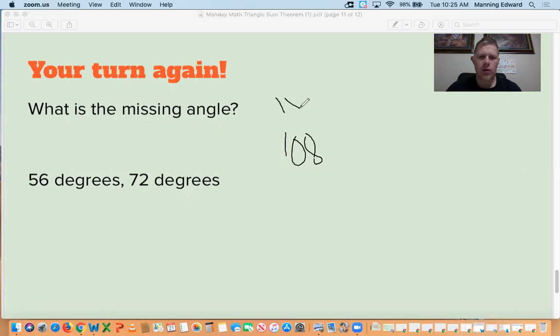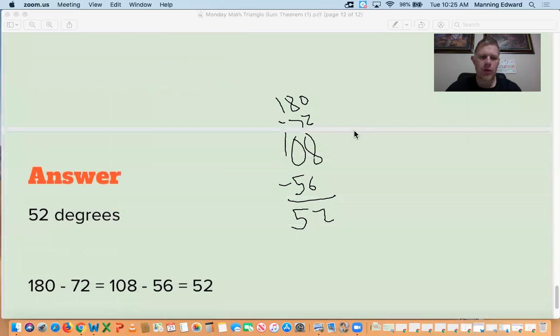I did 180 minus 72. And then I can do minus 56. So 8 minus 6 is 2. I didn't have to borrow. 10 minus 5 is 5. So it'd be 52. Let me see if I'm right. Yep, okay, so 52.